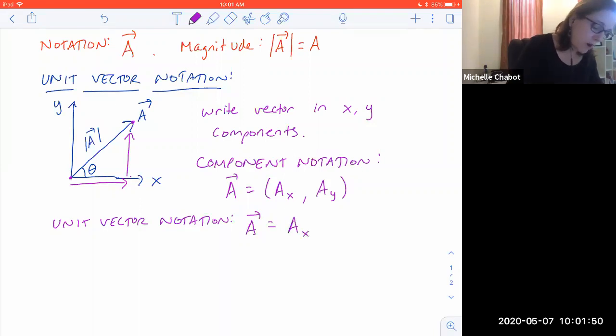I'm going to have my x component, the amount that I walk along x, and then I'm going to write i hat. That's a unit vector. I'll talk about that in a second. And then, because I'm also walking in the positive direction for Ay, I'll say plus Ay and then j hat. And that's a unit vector that indicates that I'm walking along my y direction.